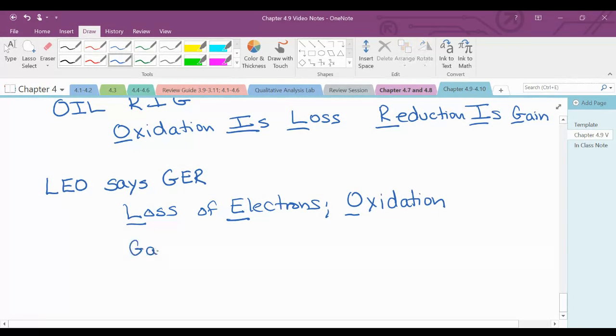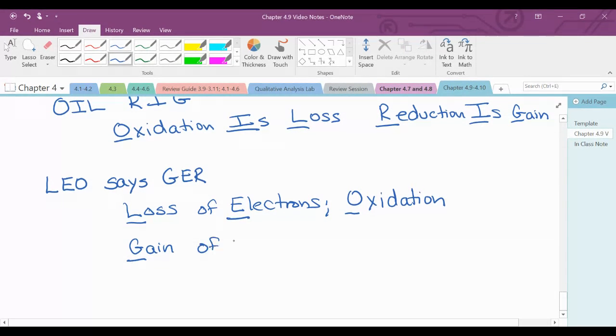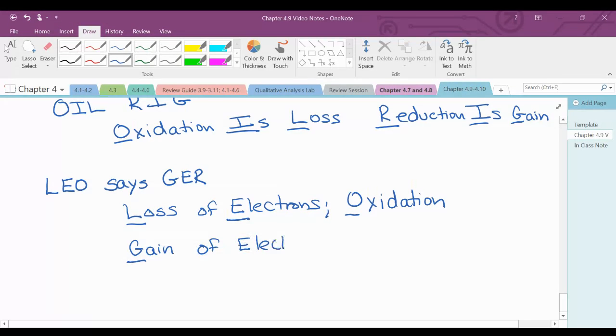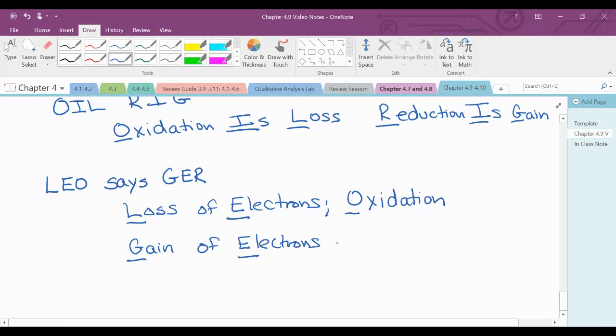Gaining or gain of electrons is a reduction.